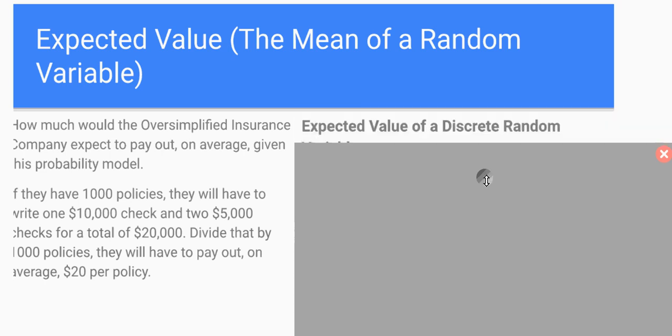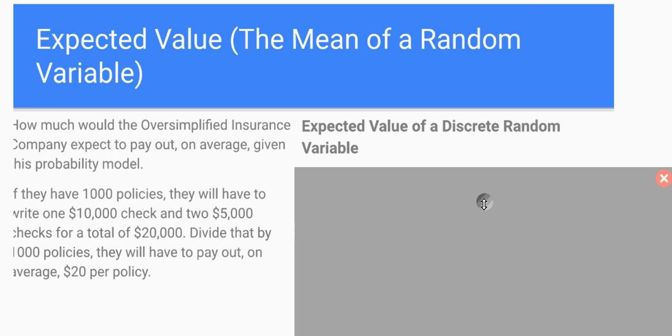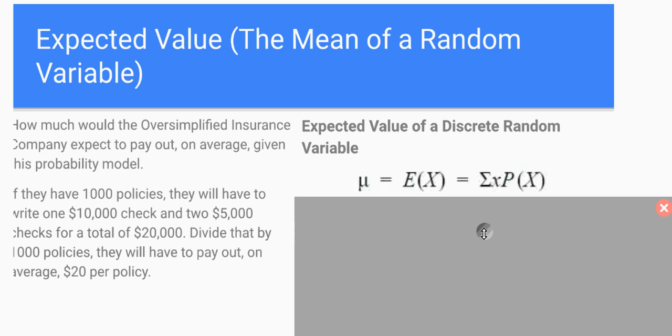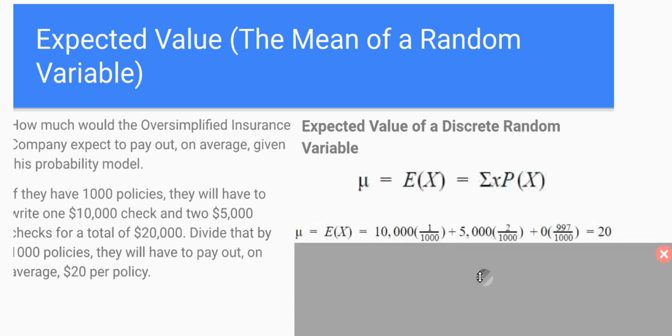And that's called the expected value of a discrete random variable. It's denoted 2 ways, either the Greek letter mu or capital E of X, expected value of X. And for those of you that don't know the Greek letters so well, it's the sum of the product of each outcome and its probability. So what that looks like in numbers is what we did.